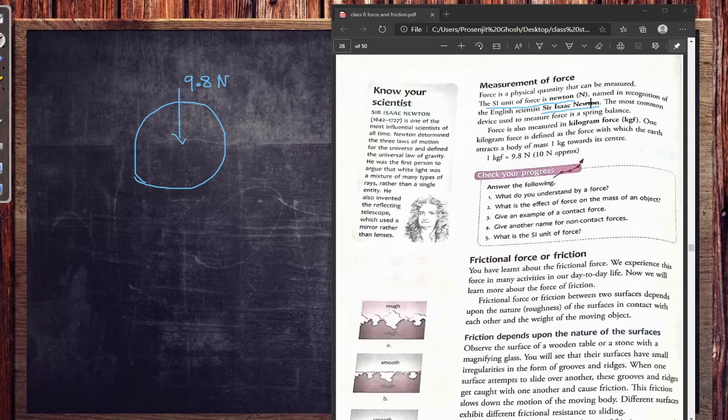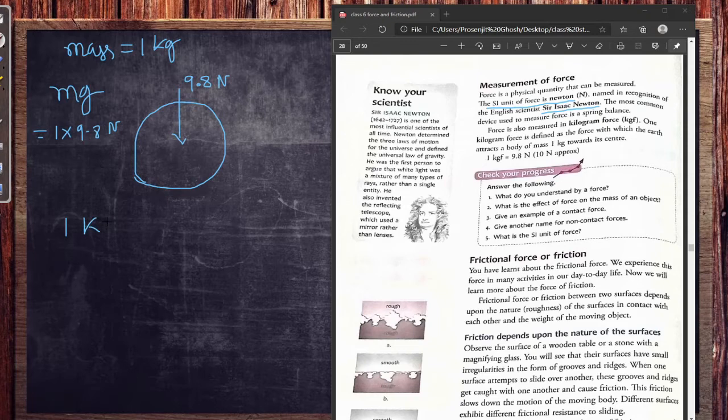All right. So why is 9.8 N the attraction force of Earth? This is explained by this: if some body has a mass of 1 kg, then the Earth will attract that object with 9.8 Newton of force, and that is known as the Earth attraction force value.